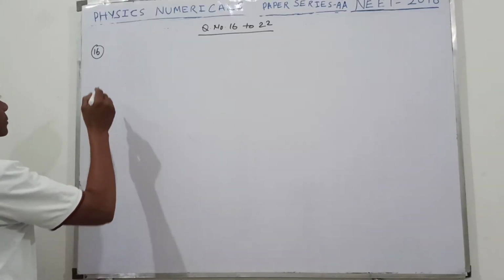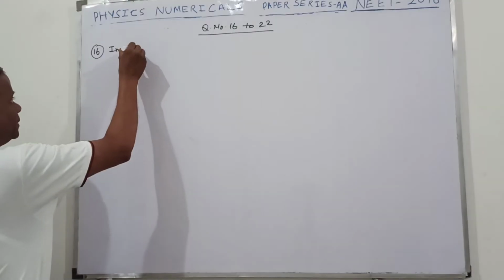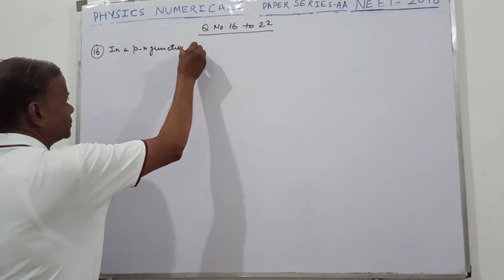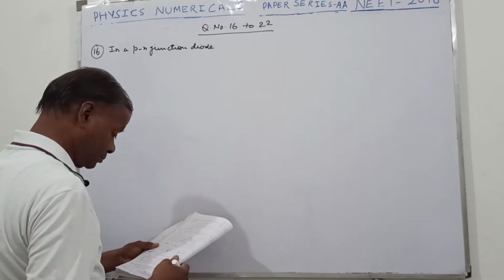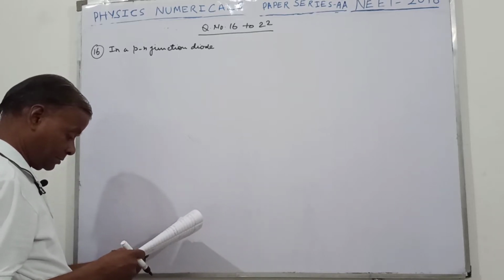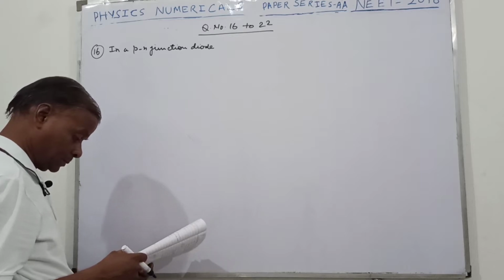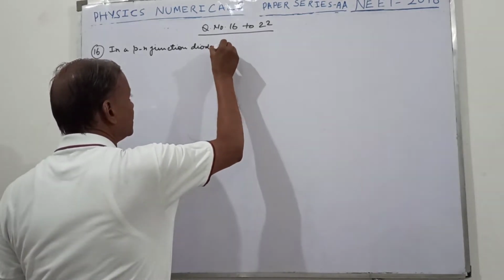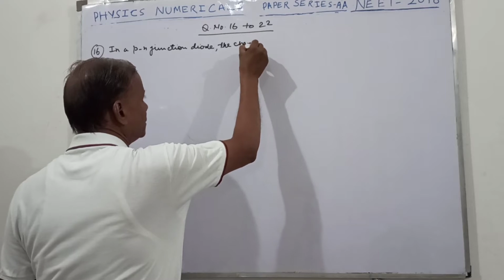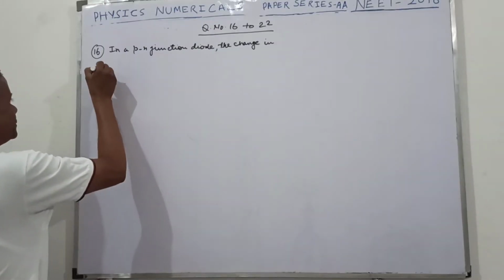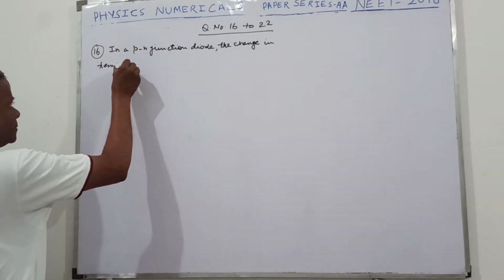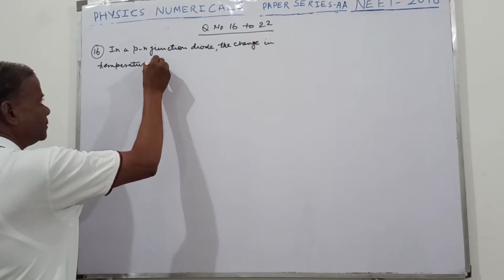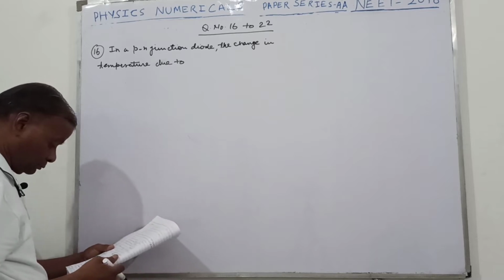In a PN junction diode, the change in temperature due to heating.